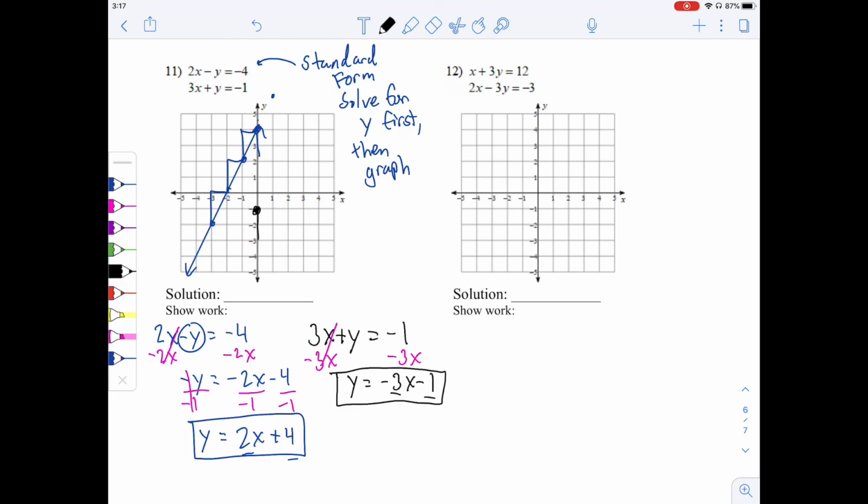Slope is -3, so down 3, right 1. Follow the pattern the other way. Intersection. It intersects at this point, and that's our solution. Our solution is when x is -1 and y is 2. So (-1, 2). And that's our solution. So these type of problems, always solve for y first.